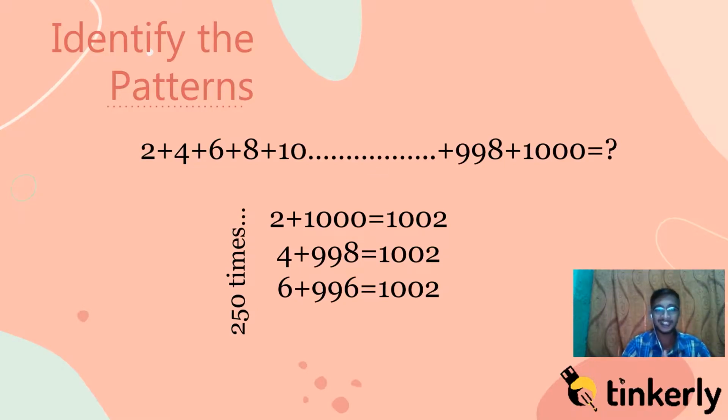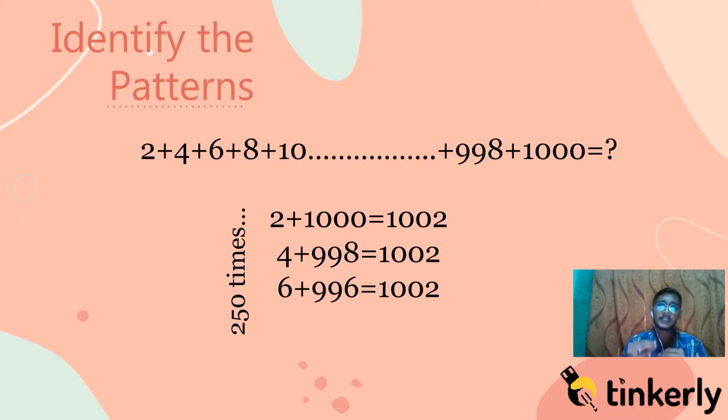Just follow the steps: 2 plus 4, 6 plus 6, 12, 12 plus 8, 20 plus 10, 30, then up to 1000. I think you must take more than 15 to 20 minutes to add the numbers up to 1000. So this is your problem, you have to solve that equation.